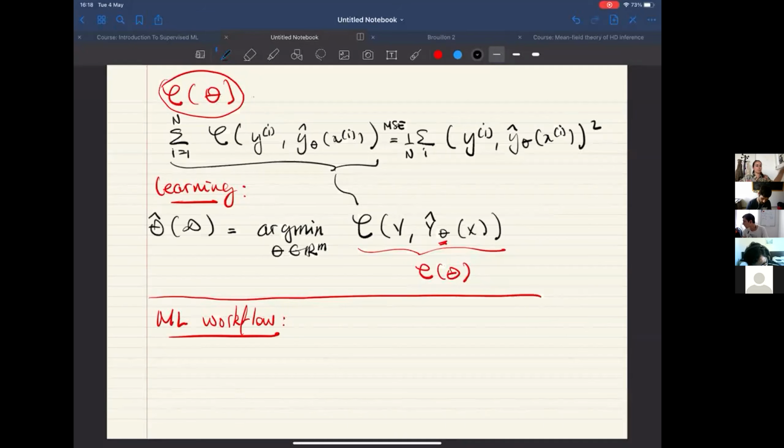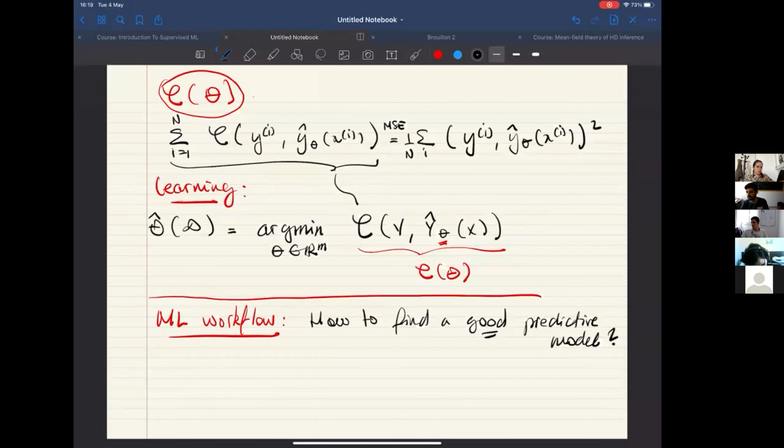Okay, so the machine learning workflow is a procedure that allows us to essentially answer how to find a good predictive model. And don't worry if it's still a bit abstract; in 10 minutes we're going to start an application.